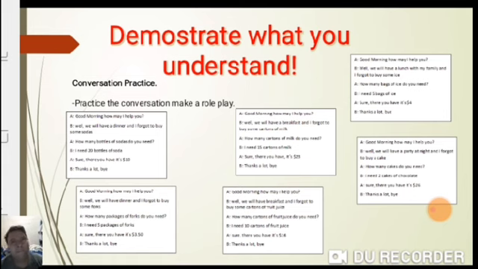Please practice it, and then we will go to the front to share your performance with your classmates. And I would like you to pay attention to what they perform and what they say, because later I will ask some questions in order to know if you have understood all the topic that we will cover today.